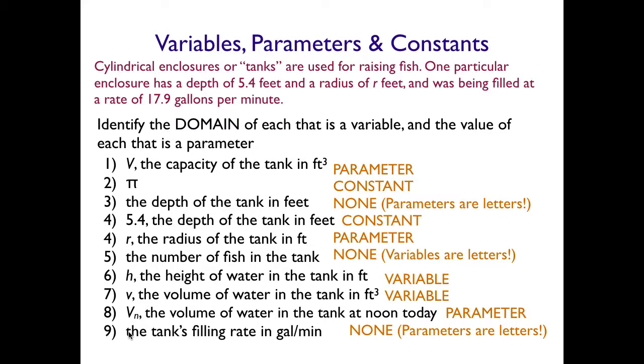The symbols are the things that we're labeling as constants, variables, parameters. There are varying quantities, there are constant quantities, there are quantities that stay constant within a situation, but the terms variable, parameter, and constant, as in not the adjective constant, but the noun constant, refer to the symbol that you're using for it, as opposed to the sentence that describes it.